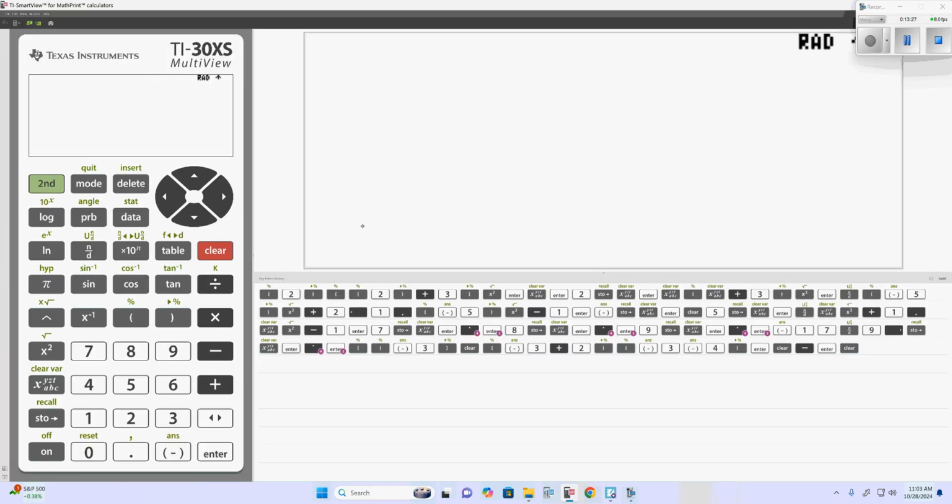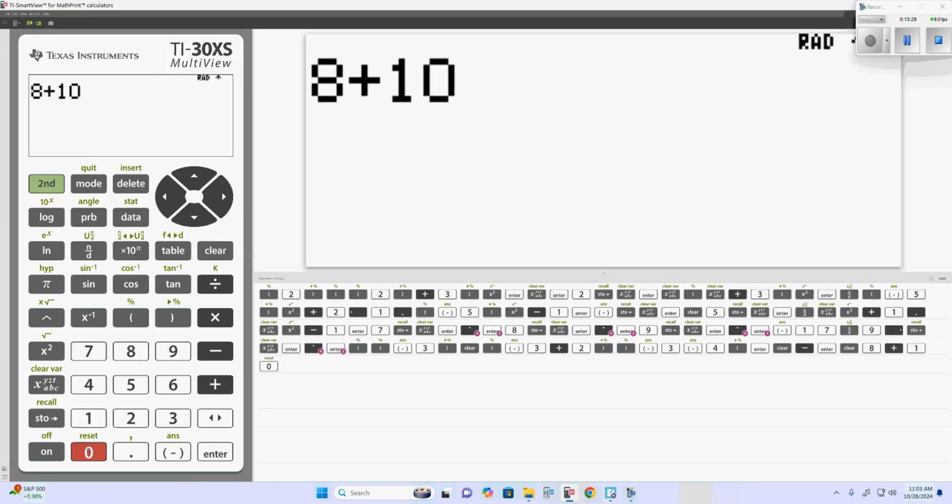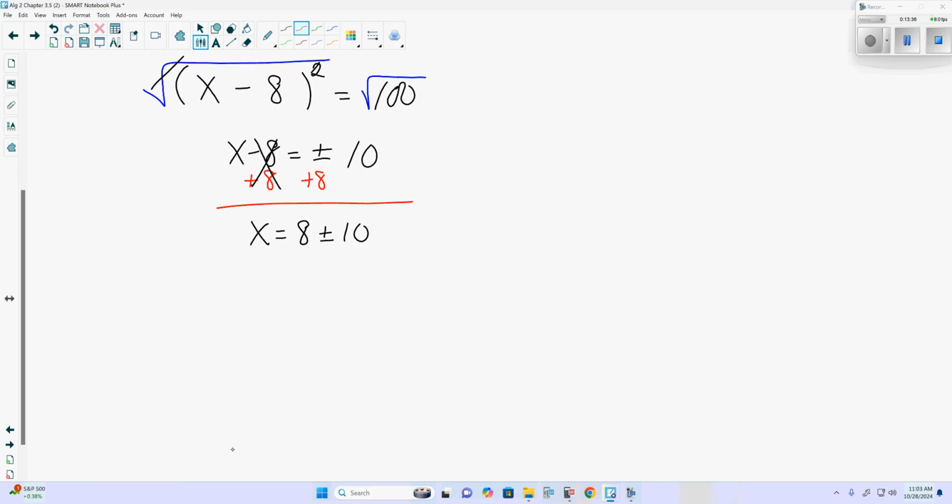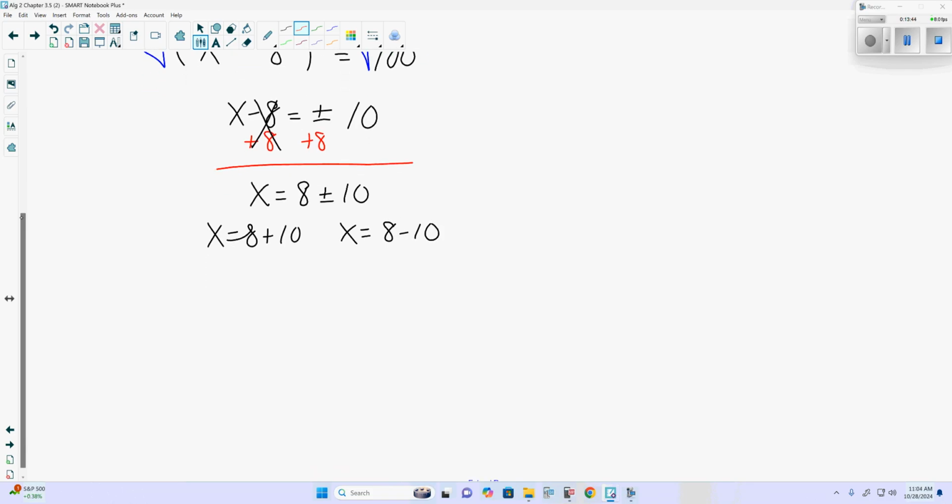Yes, we can. 8 plus 10 is 18. 8 minus 10 is negative 2. If we can add and subtract these two, we need to. We need to simplify.